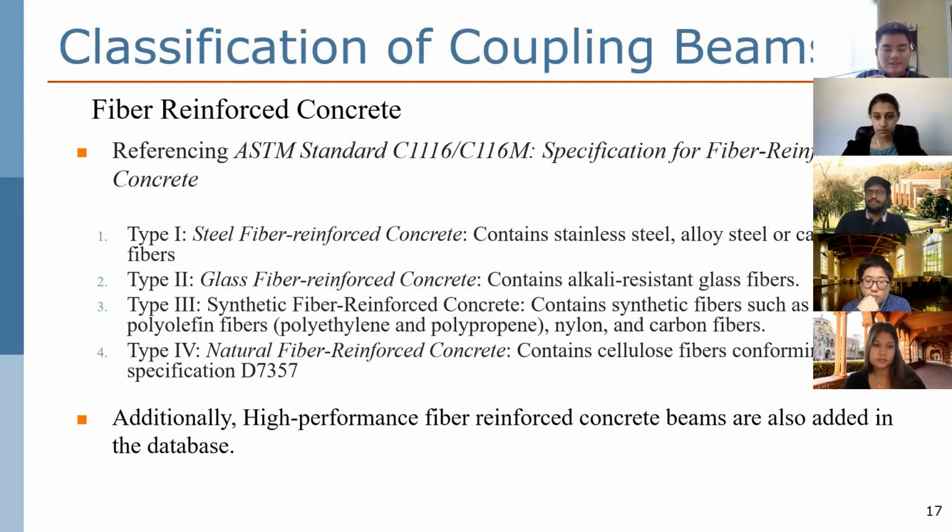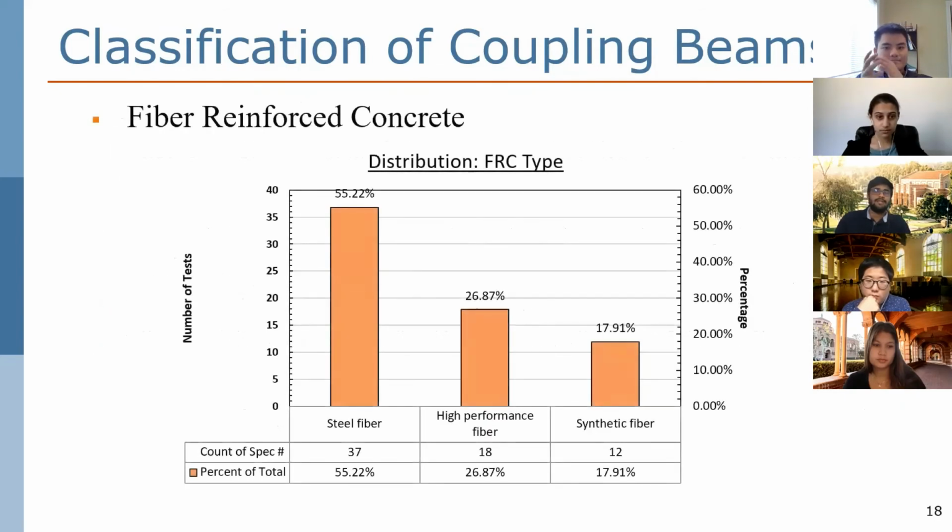So just a summary of this one as well, because this is crucial for the analysis of steel fiber. As you can see, the database mostly has steel fiber, which is not much, but 37 specimens account for 55%. Therefore, steel fiber concrete coupling beams were used for analysis purposes.